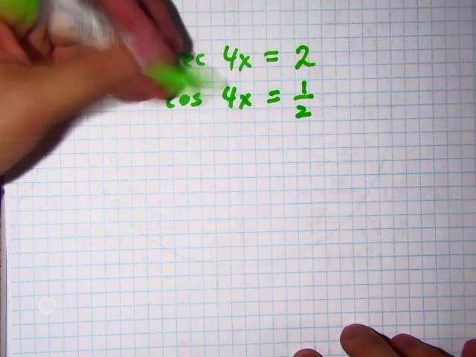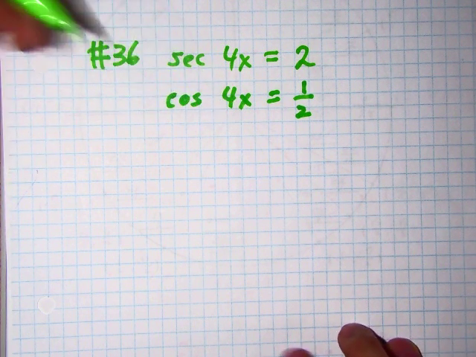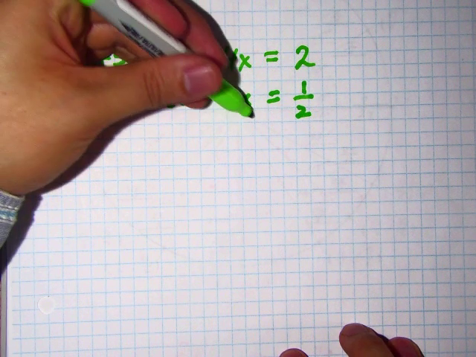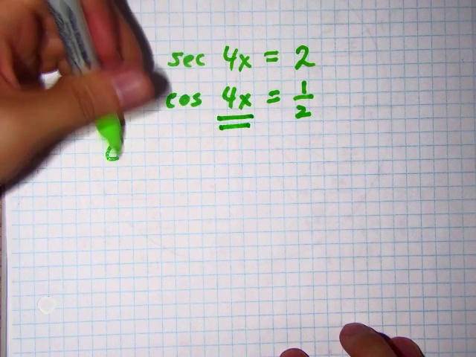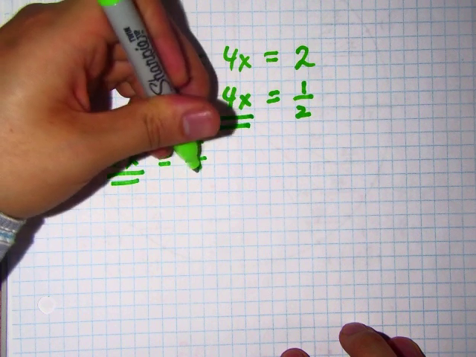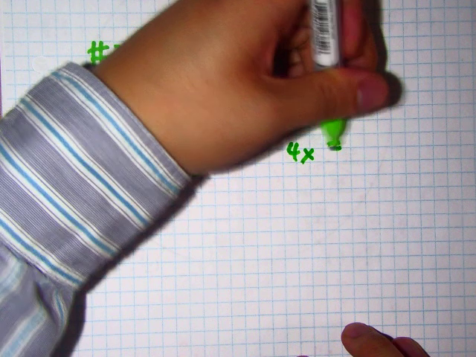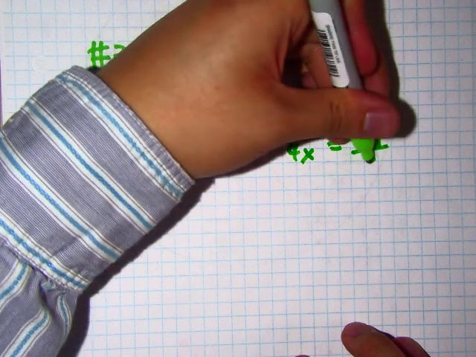Okay, but instead of saying x equals pi over 3 or x equals 5 pi over 3, when I have this inside here, it's now going to be 4x equals pi over 3, or 4x equals 5 pi over 3.